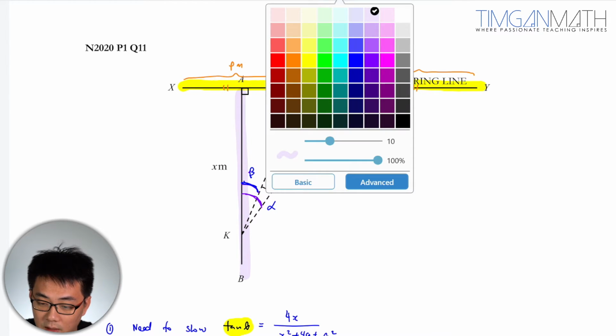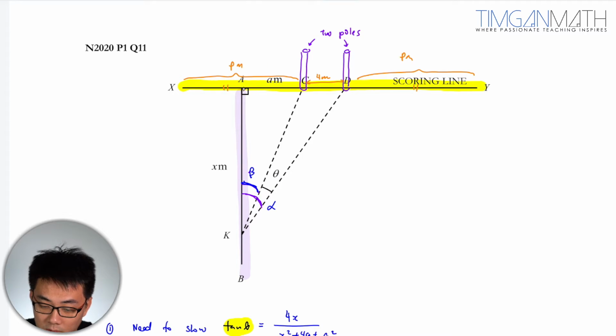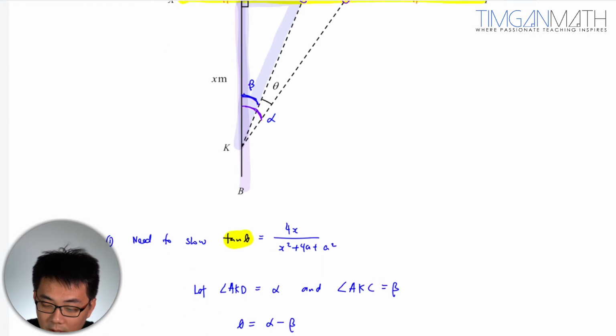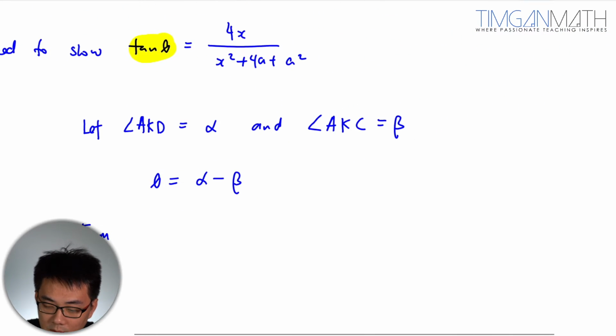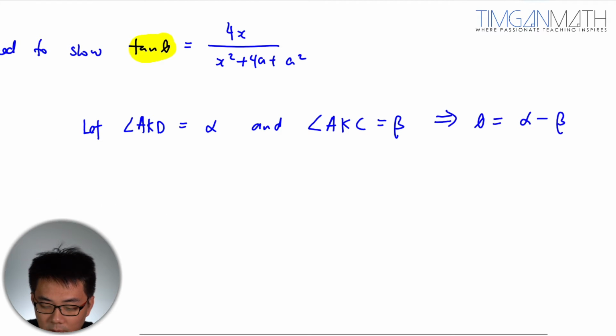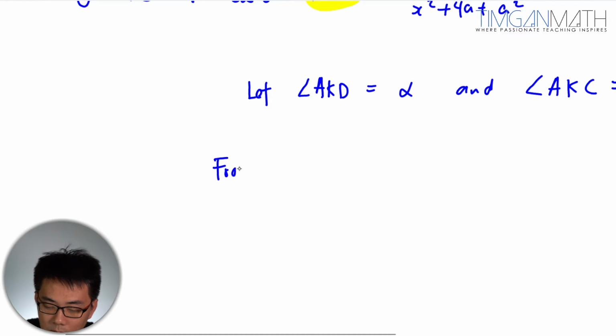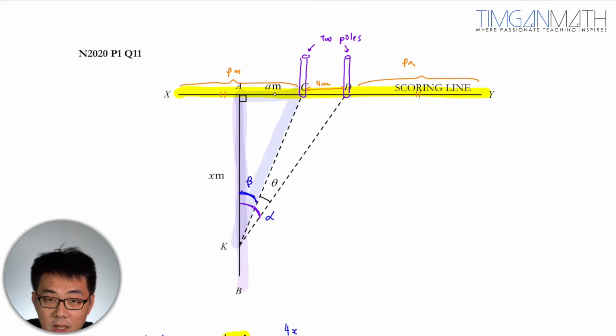From the diagram, we know that tangent beta is opposite over adjacent, which is a over x.